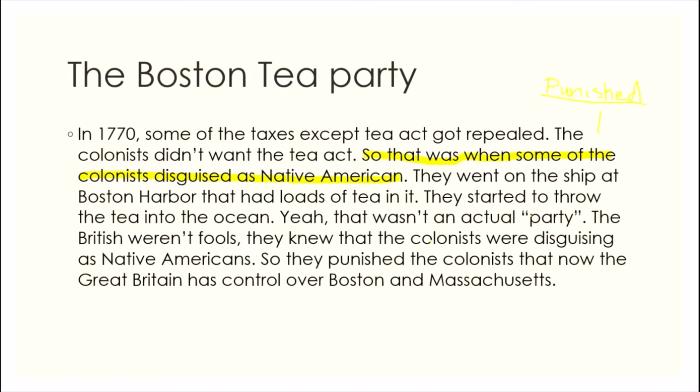They knew that the colonists were disguising as Native Americans. So they punished the colonists, so that now Great Britain has control over Boston and Massachusetts.